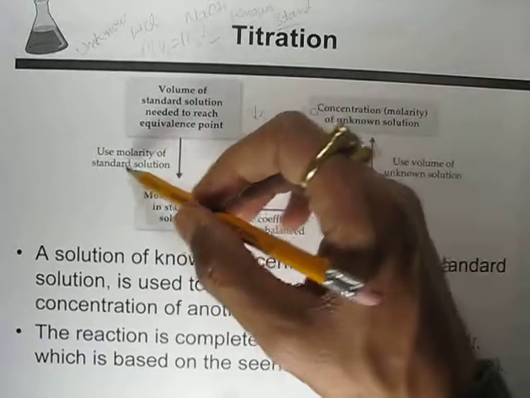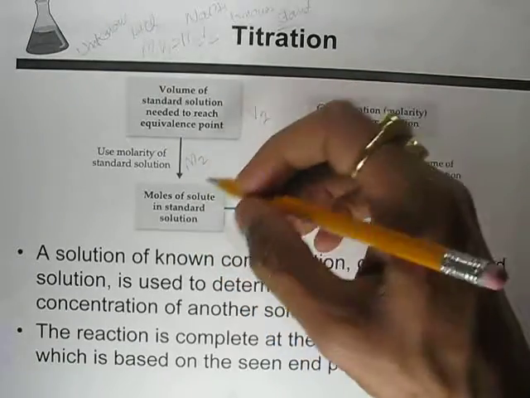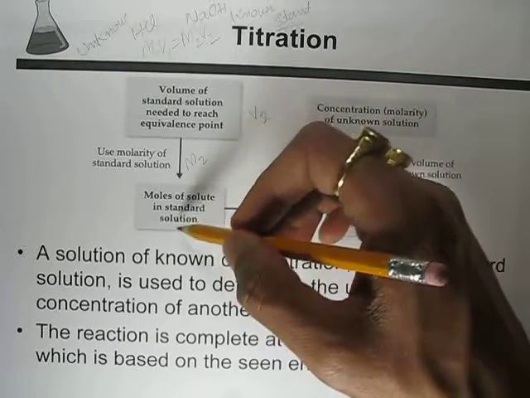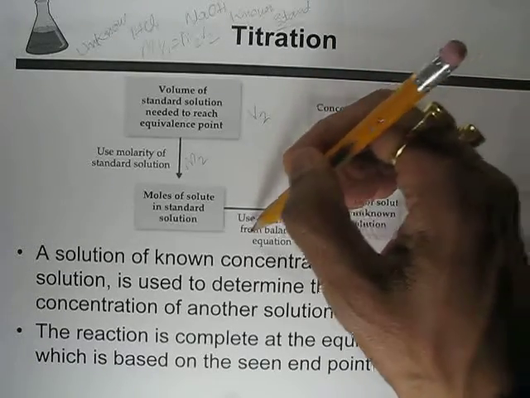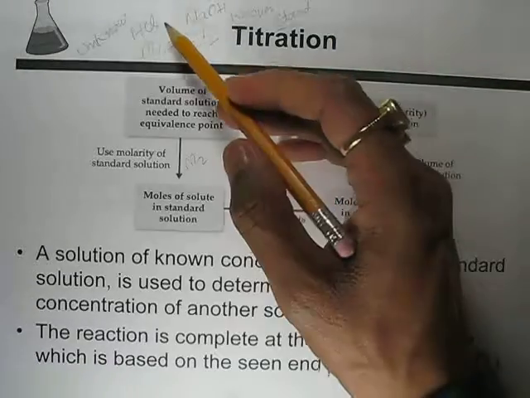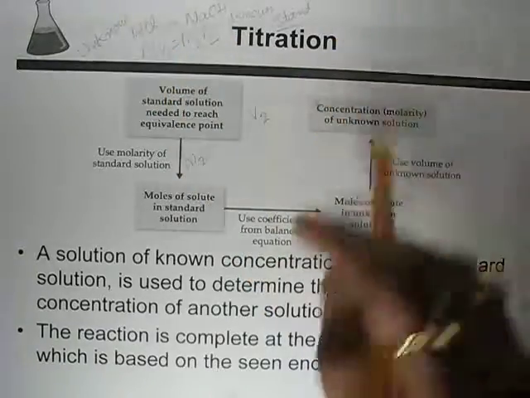In case of the standard solution we have to find out V2. So use the molarity of the standard solution, M2, to get the moles of the solute in the standard solution, then use the coefficient from the balanced equation. In case of HCl and NaOH the coefficient is 1.